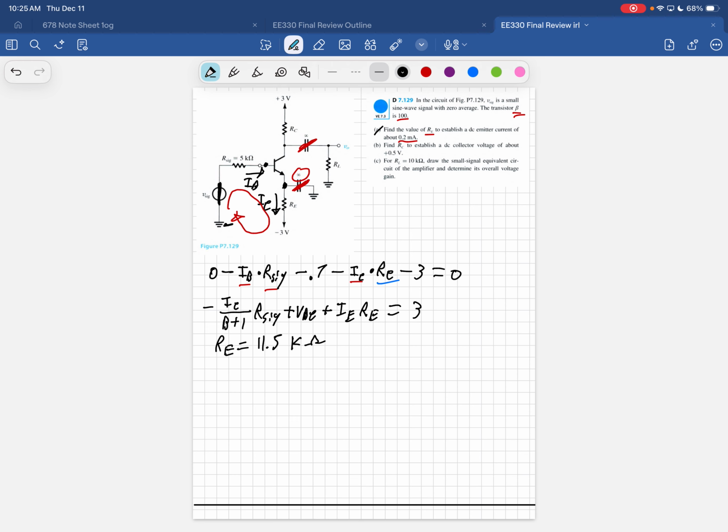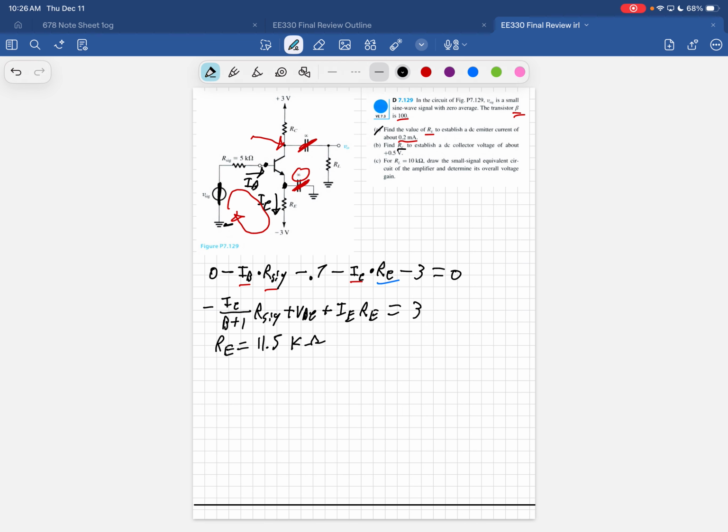Moving on to step B, they want to know RC to establish the DC collector voltage of about 0.5 volts. So that is looking for the voltage at this node, and they want that to be 0.5 volts, right?